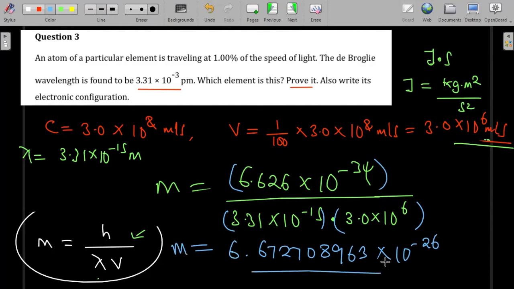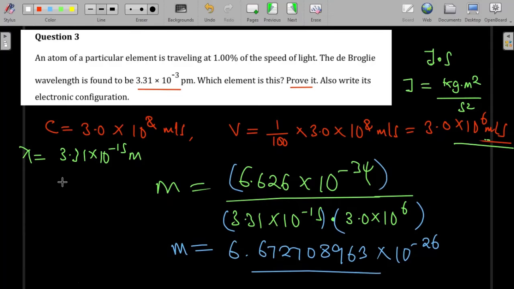But what are the units here? I need to show this. Remember the Planck's constant units are joules multiplied by second, but joules expressed in its basic units is kg meter squared over s squared. So on top I'm going to have kg meter squared over s squared, this whole thing is just J, multiplied by this s, and then divided by lambda, which is meters, multiplied by the speed, which is meters per second.